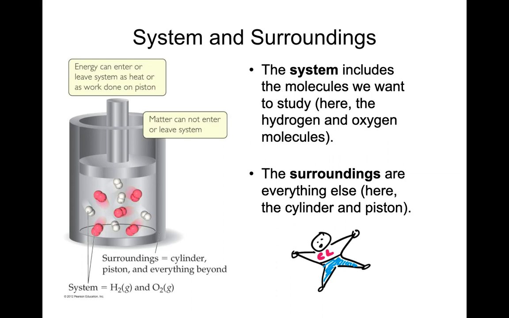The surroundings is everything else. If we're going to conduct a reaction between hydrogen and oxygen, as shown in the picture, the hydrogen and oxygen atoms themselves are the system. Everything else is considered the surroundings. The piston, the cylinder, any air that's trapped in that cylinder, the rest of the world, in fact, are considered the surroundings.